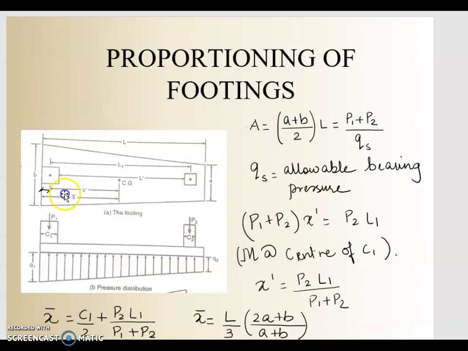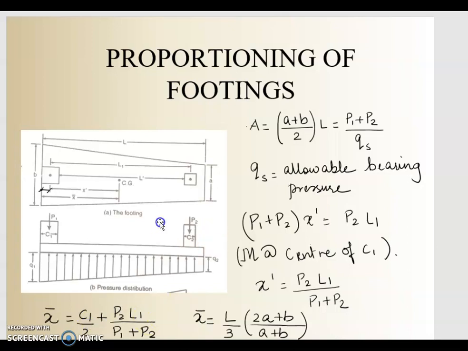For exams, you will be given the dimensions of the column, the values of the loads, and the bearing capacity. You will have to determine A and B by trial and error method. So there is nothing to memorize in this. This is the x bar equation you have already learned, from the direct moment equation.